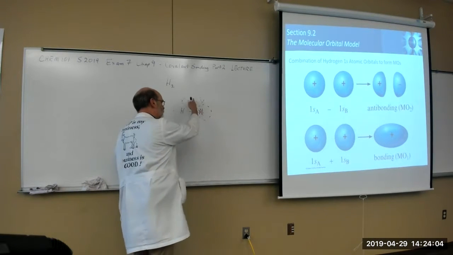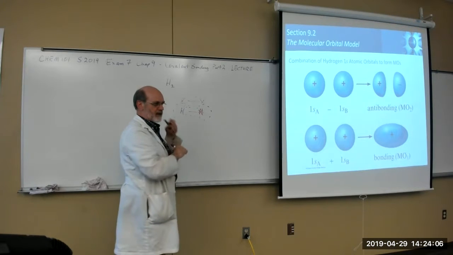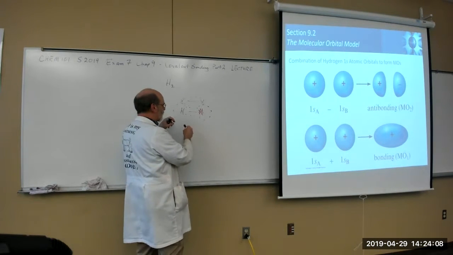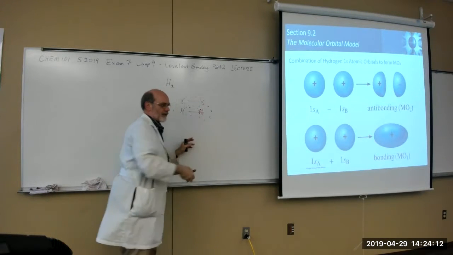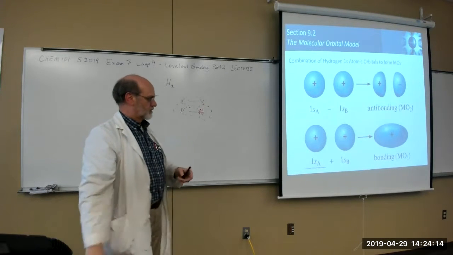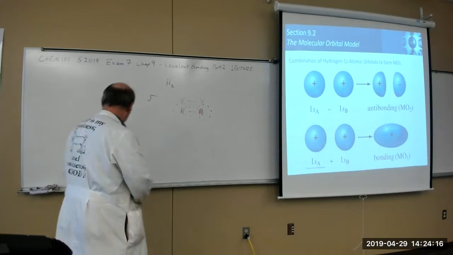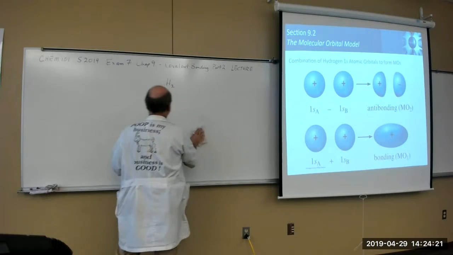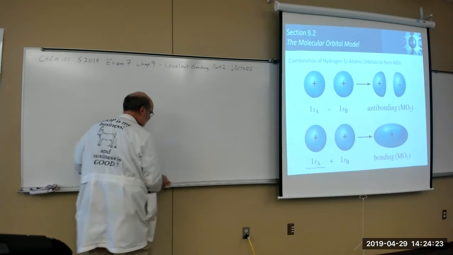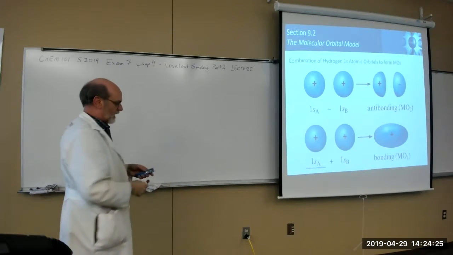Whereas if there's a node between the atoms, then the electron density is spread out opposite that node, and those are anti-bonding orbitals. For dihydrogen, there's only one bonding and one anti-bonding molecular orbital.